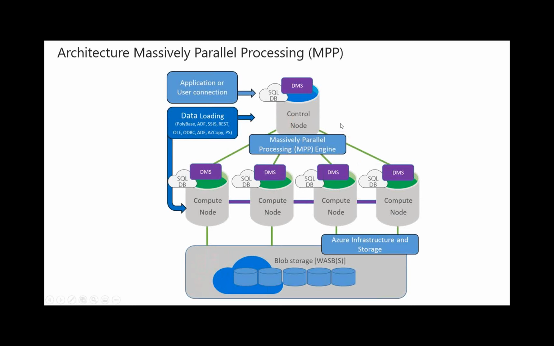What it means as well is that you need to understand how to better distribute the information within the storage. The storage within Azure Synapse Analytics is distributed logically in 60 partitions. That could go up to 180 partitions, depending on how many compute nodes you have.